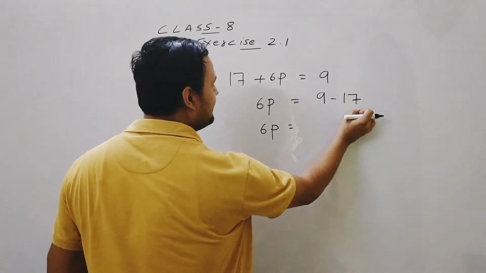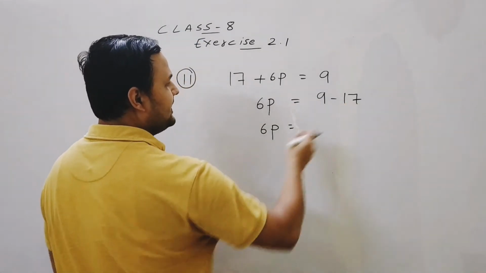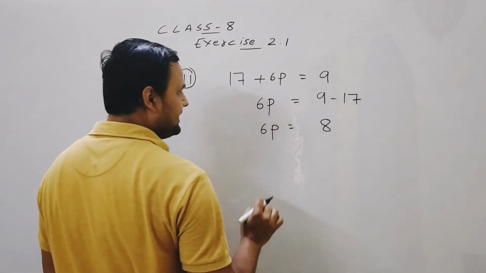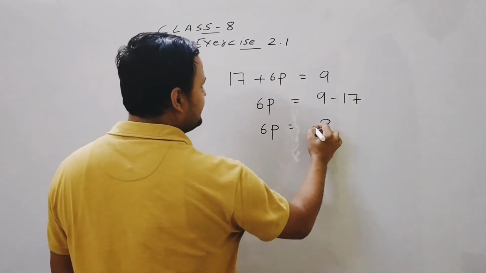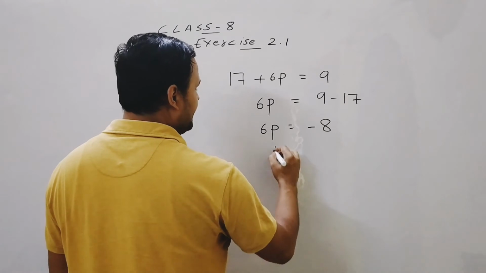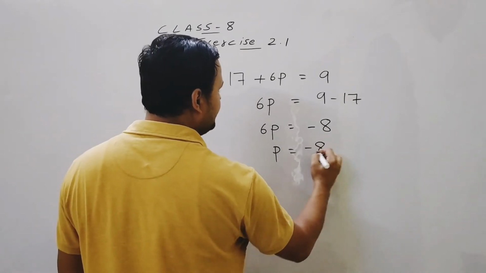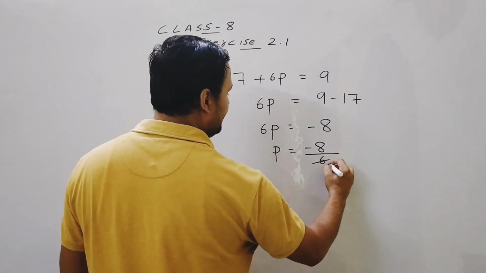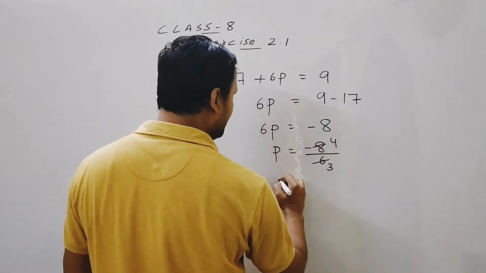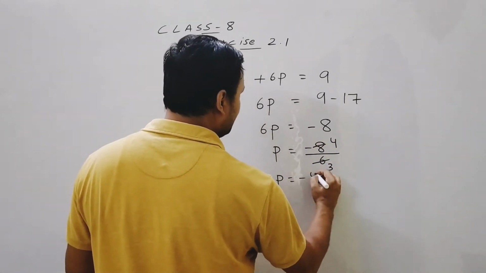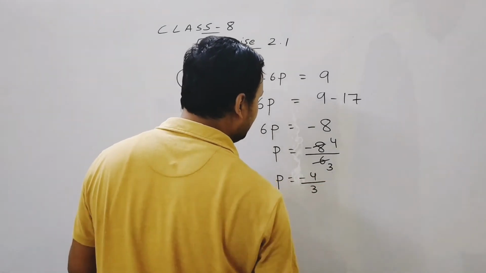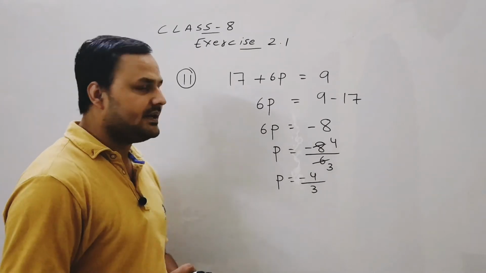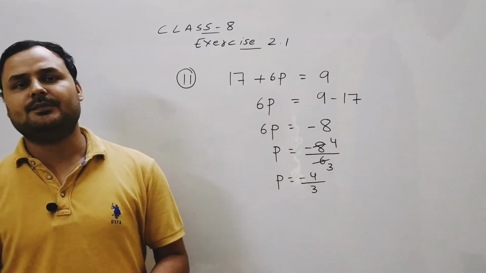The bigger number minus the smaller number. Then 17 minus 9 is equal to 8. And the greater number having the minus symbol, so it will be minus 8. Then 6p equals minus 8. This 6 will come this side, divide. 2 3s are 6, 2 4s are 8. Then p equals minus 4 by 3. So for question number 11, the value of p equals minus 4 by 3.